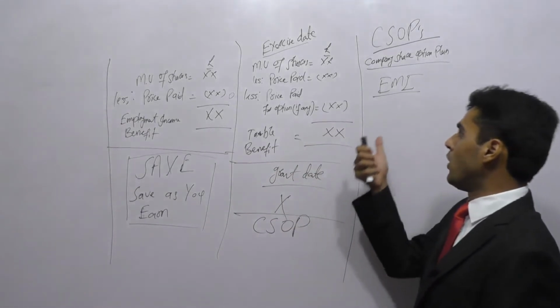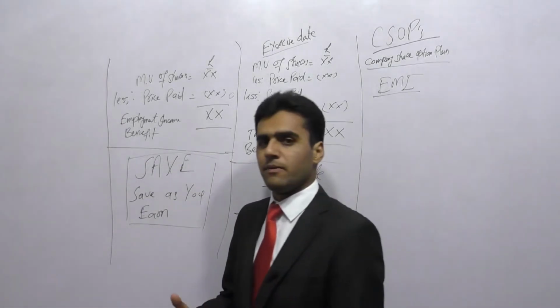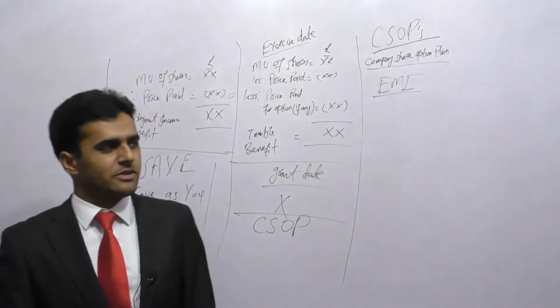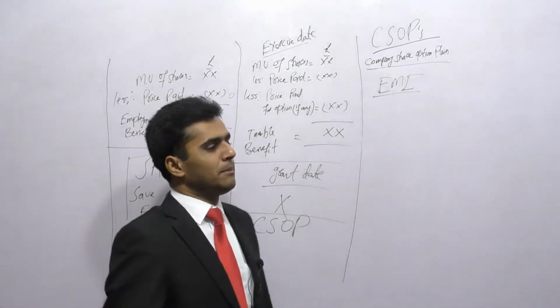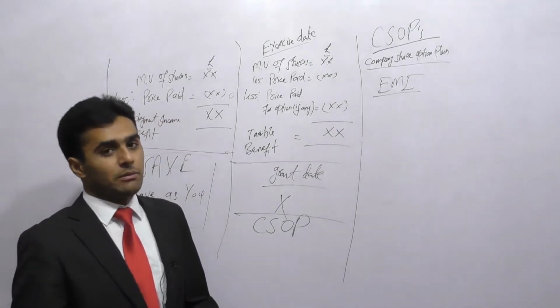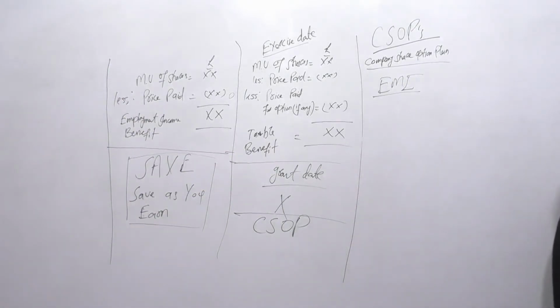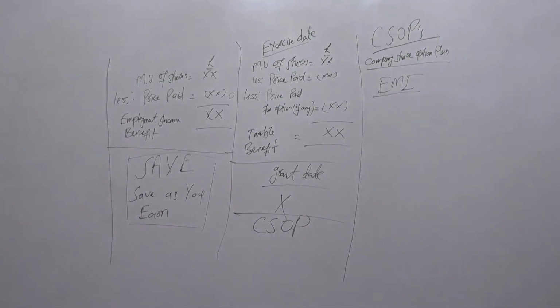Now these are not normal employees, as the name says, Enterprise Management Incentive. Incentive simply means when you want to motivate the employees, you give them some incentive, right? Now management simply means that it is a high level management. So these shares will not be issued to normal employees.